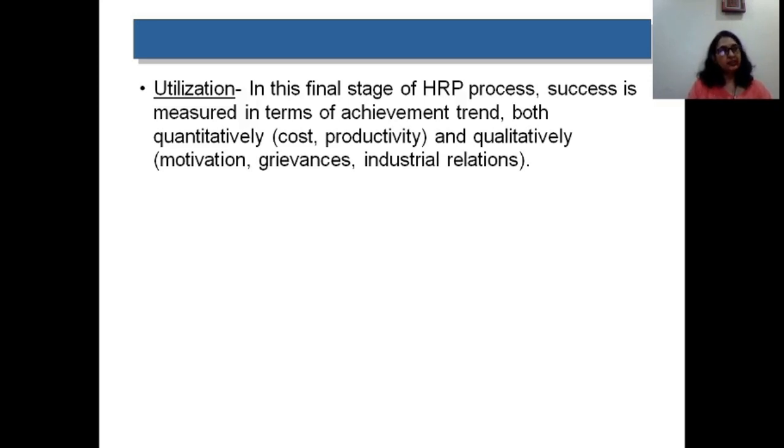Then the productivity trends, the productivity gains have to be seen. And qualitatively, the organization has to see the motivation of the employees, the number of grievances that employees are coming up with, or what is the employer and employee relationship.